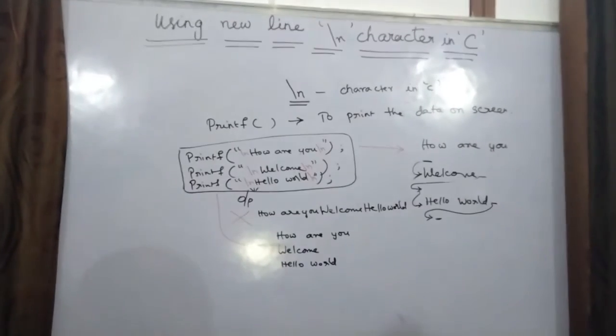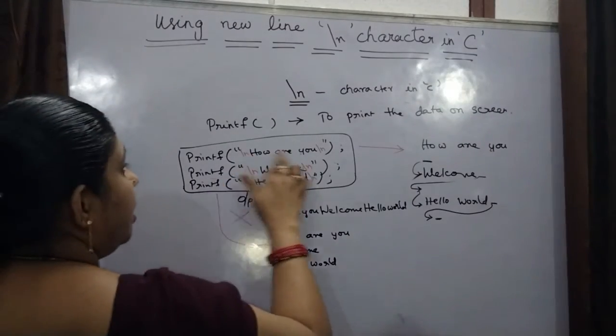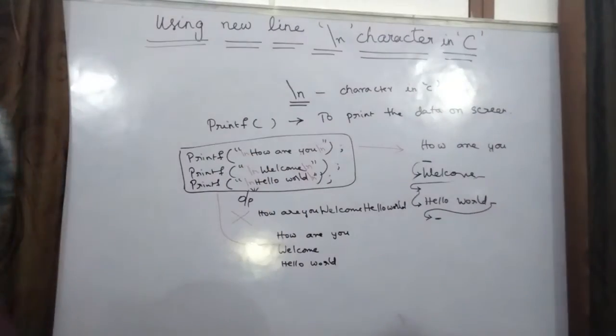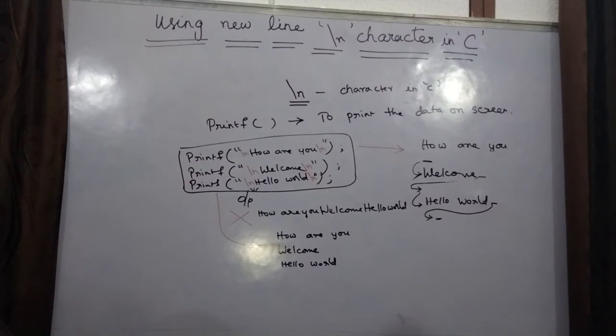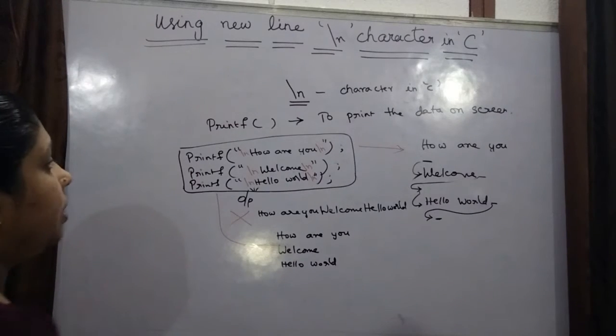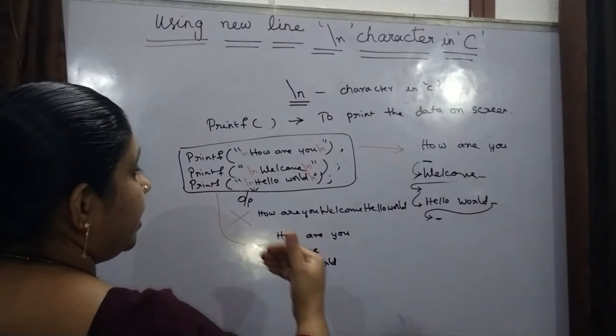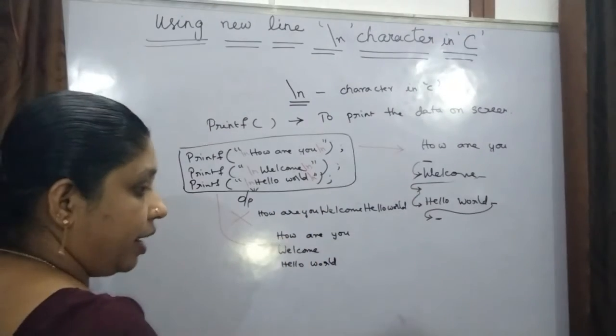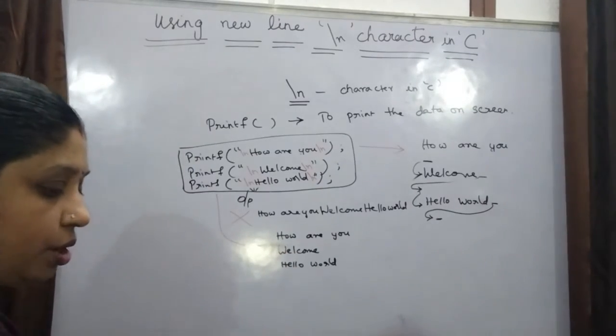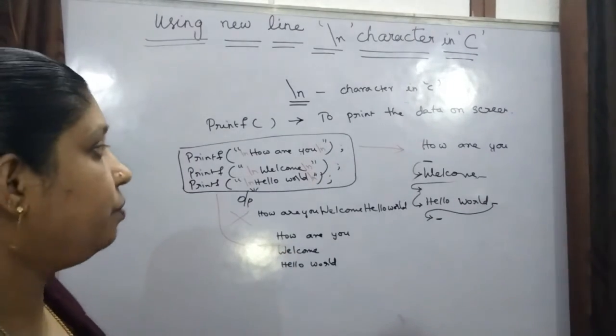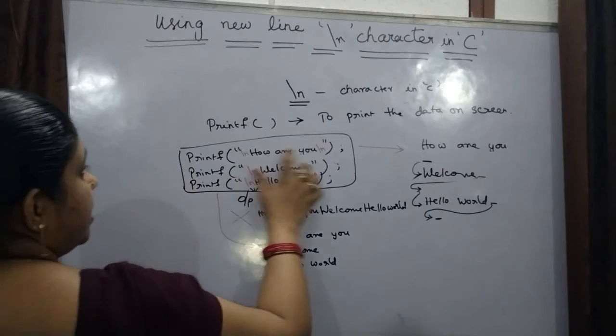Okay, so this is how your \n works. In this way your program is printing. Your program can print the lines. You can skip the line and you can make the sentence come in the next line by using \n.